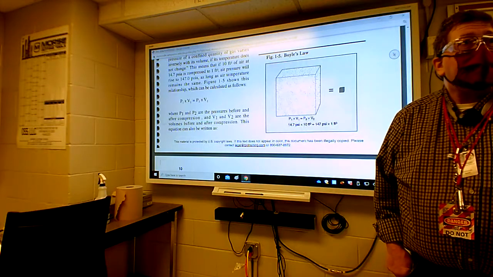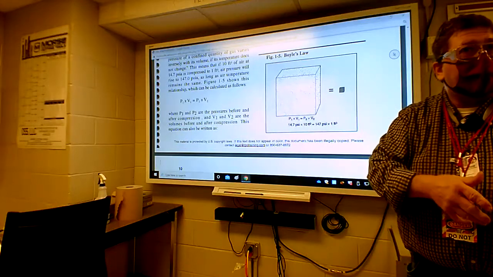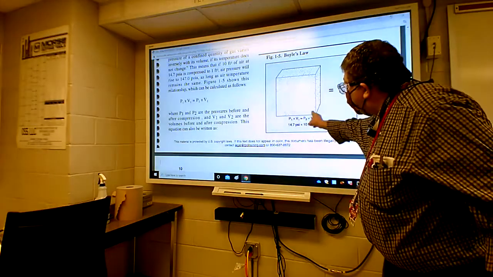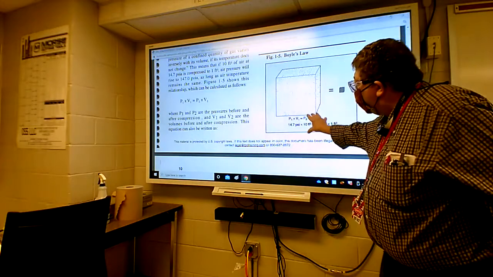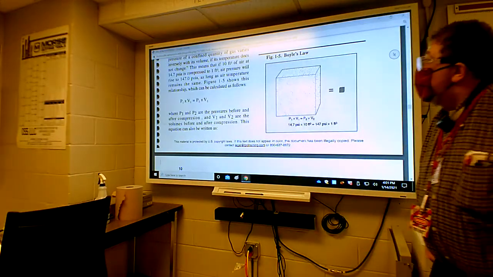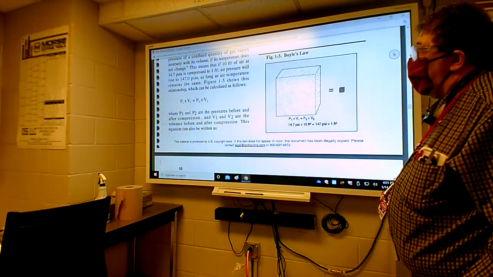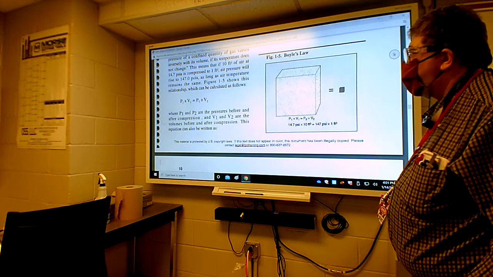Does that make sense? Because one of them goes down, the other one goes up in the exact proportion. So the answer to that multiplication problem will be the same as it was over here. The final answer will be the same. So you'll need this on solving some of your problems in your worksheet.